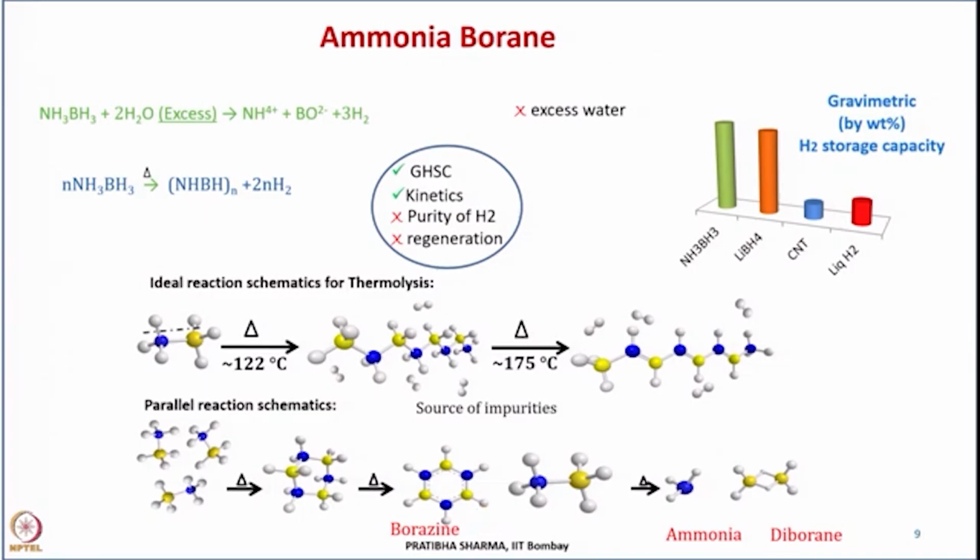So the research in this class of compounds has been focused on suppressing the formation of these unwanted species using different supports, nano confinement methods, and additives, so that the release is basically hydrogen and the amount of unwanted gaseous product is reduced.